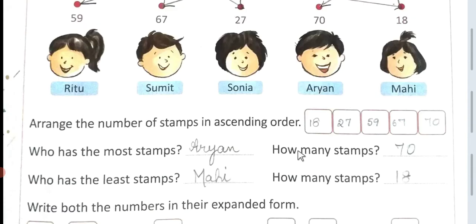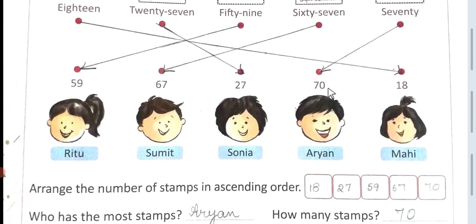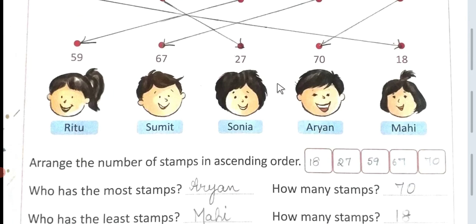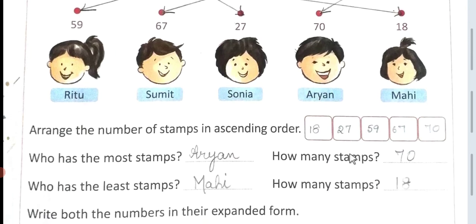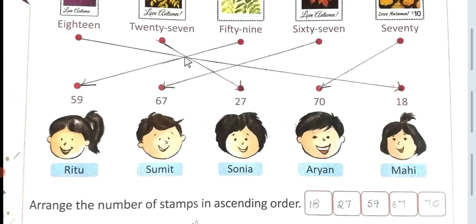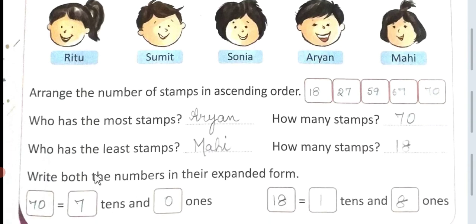Aryan. Now Aryan has how many stamps? 70 stamps he has got. So you write the name of Aryan here and how many stamps he has. He has 70 stamps. Who has the least stamps? So you can see 18 is the smallest number and Mahi has got the least number of stamps. So you will write the name of Mahi and how many stamps she has.